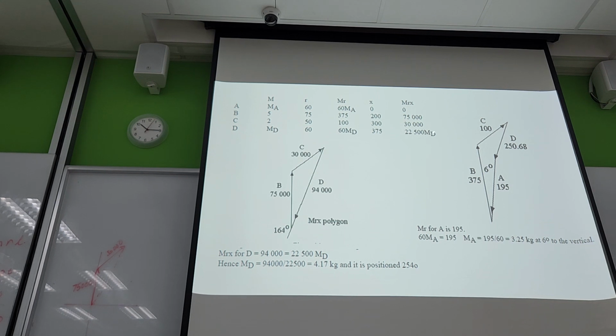So that gives you, for plane D, what is MRL is 22,500 MD. So whatever this distance you measured is equivalent to 22,500 MD. So from this you can calculate the mass of D by just dividing. So the measured distance is 94,000 from this figure. So we need to confirm that value.